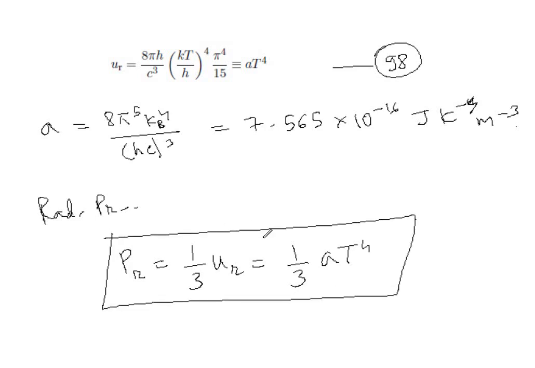So we have derived the relation for radiation pressure. This 1 by 3 is because photons are ultra relativistic or extreme relativistic, right?